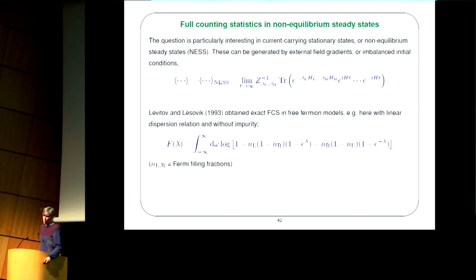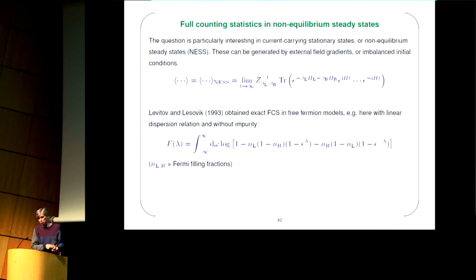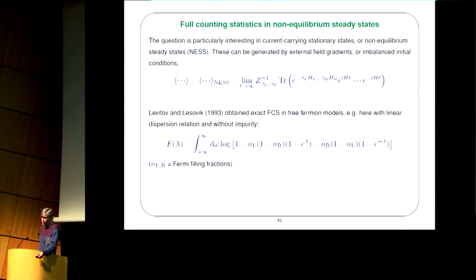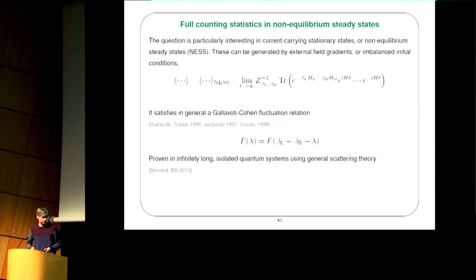So this f of lambda, of course, has been studied since a long time, and is well known in free fermion models. Here's the formula with some kind of Fermi filling fraction describing the left and right bath. That's a formula that you can find using free fermion properties. And it's also known this formula satisfies something which is called the Gallavotti-Cohen, or perhaps Crooks relation.